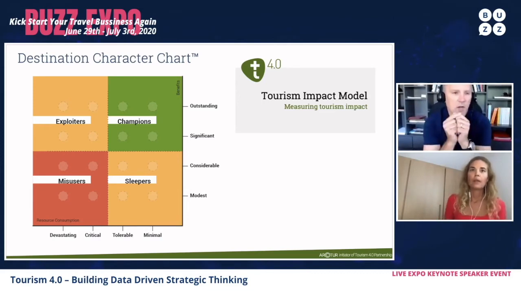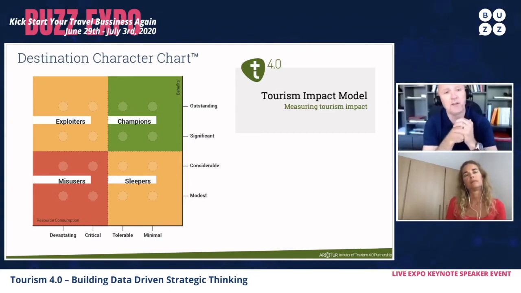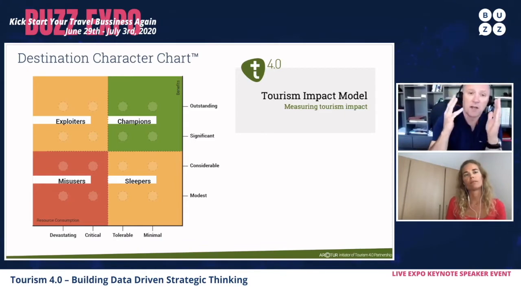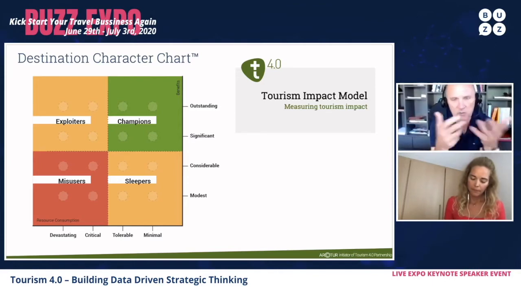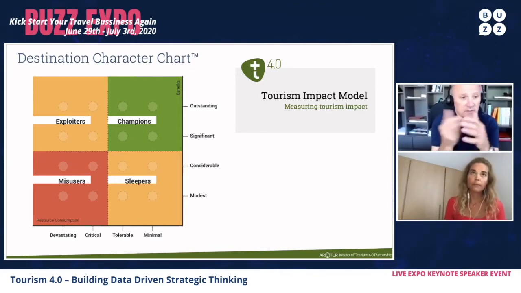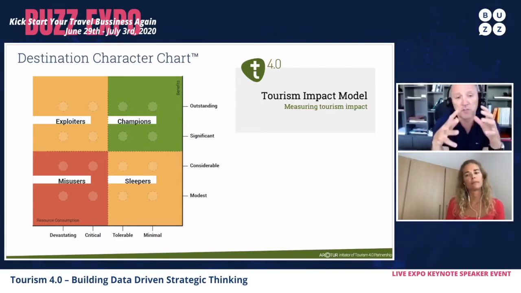Okay, so if you end up in each of these positions, you would be either a champion, exploiter, misuser, or sleeper. If you really get lots of benefits from tourism with as low as possible resource consumption, you are a champion. You get most of the benefits without ruining the nature, the society, etc. On the other side, we have misusers, who exploit and ruin cultural or natural habitat, whatever, or people with very little benefits for the community.